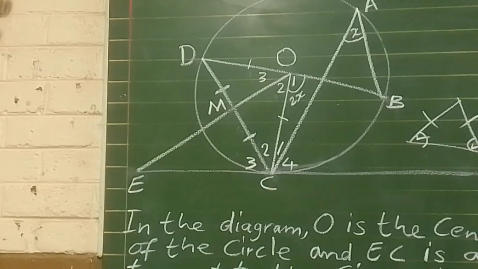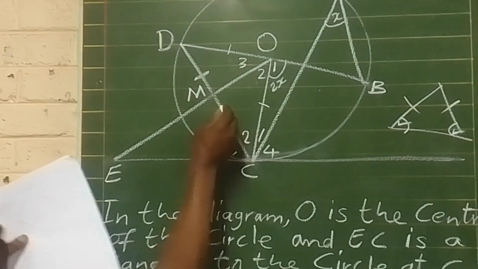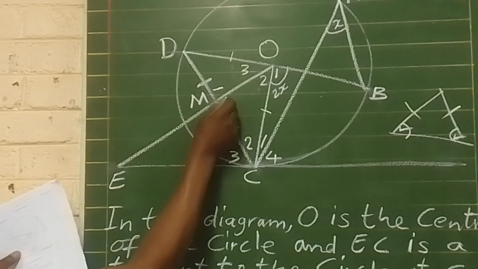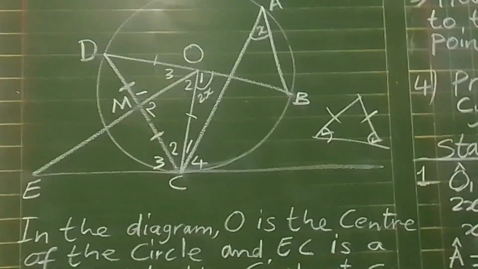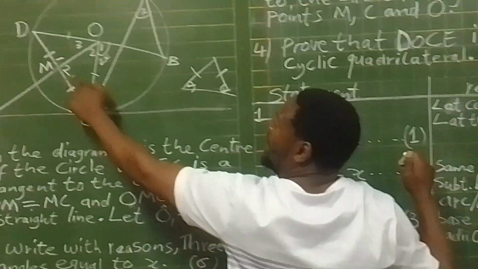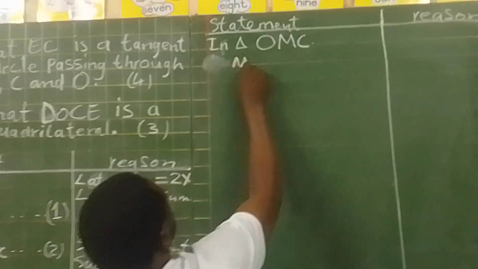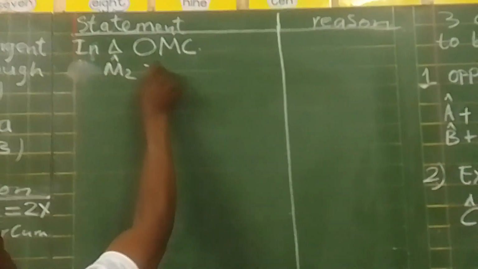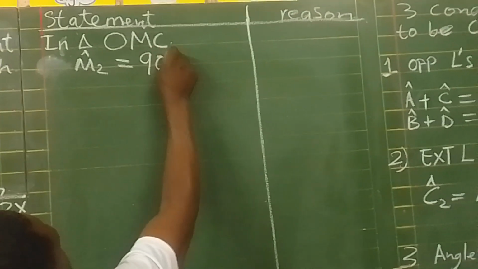Let's give this names. This is M1, this is M2. We say in triangle OMC, we have M2 is equal to 90 degrees.